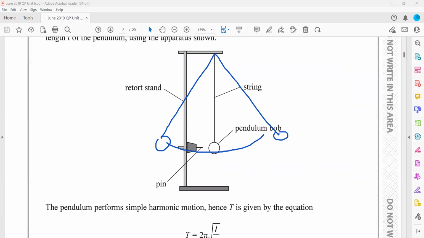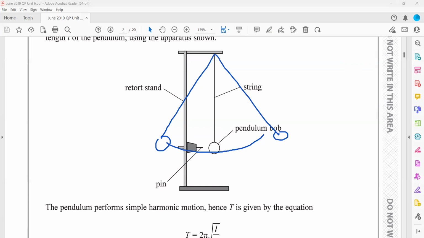Using this pin, we can identify that there's only one fixed point in the oscillation, where the velocity will be maximum. As a result, we can reduce the uncertainty in the time. That is one reason.